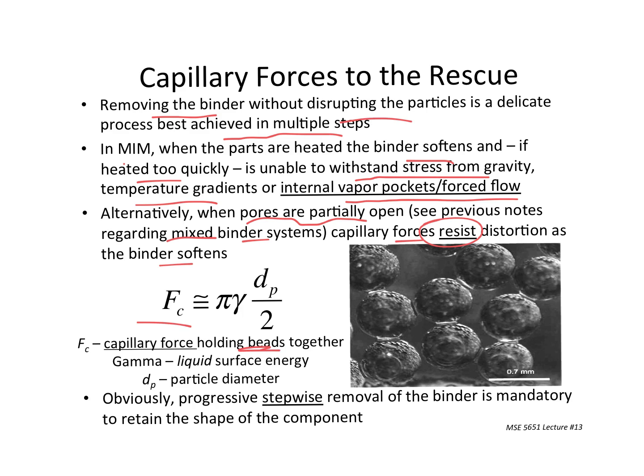This is just thinking in terms of theoretically perfectly round particles, which it turns out we have in the context of metal particles. That force is equal to pi times the liquid surface energy, which you might call gamma sub L, and then also in the numerator is the particle diameter. So we can get relatively large capillary forces when the particles themselves are relatively large.